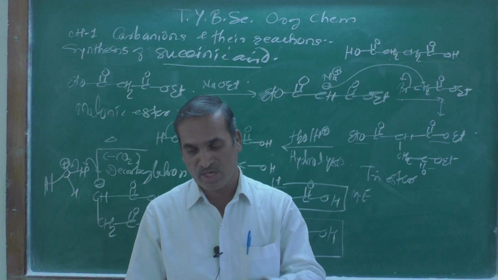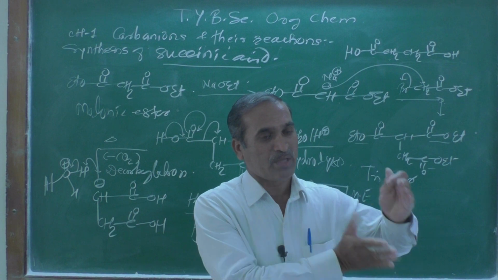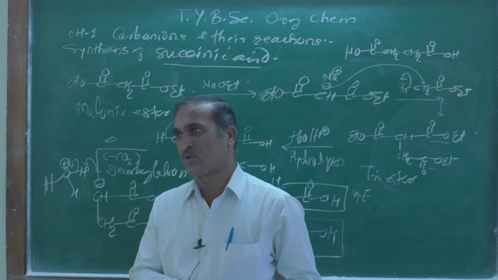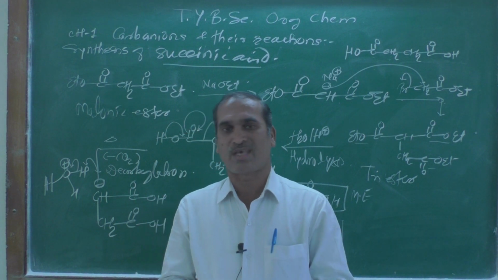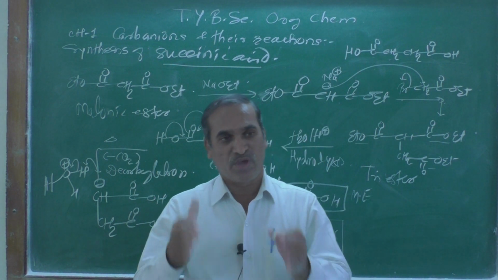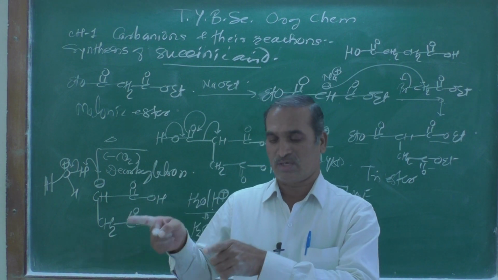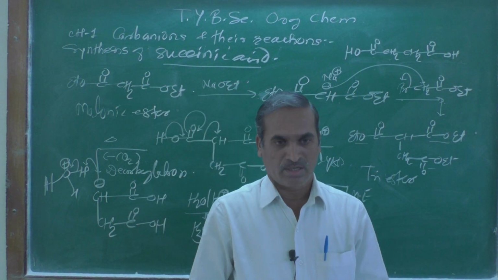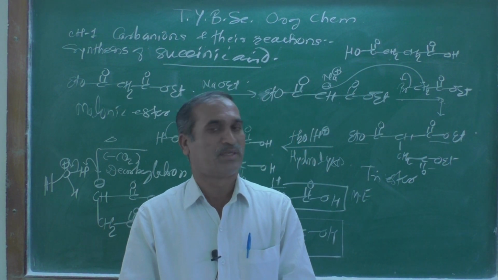The next synthetic reagent we are going to use is acetoacetic ester, and we are already familiar with this reagent: ethyl acetoacetate, or acetoacetic ester, or beta keto ester, which is synthesized by the Claisen ester condensation, one of the famous reactions. We have prepared it by that, and that reagent we are going to use as a synthetic reagent, and we will learn its synthetic applications in the next lecture.